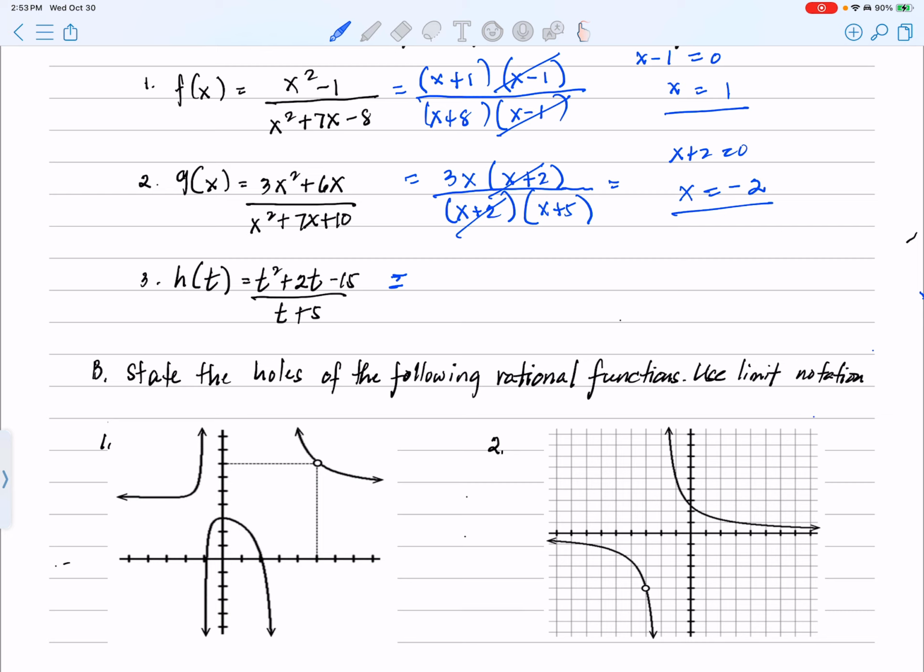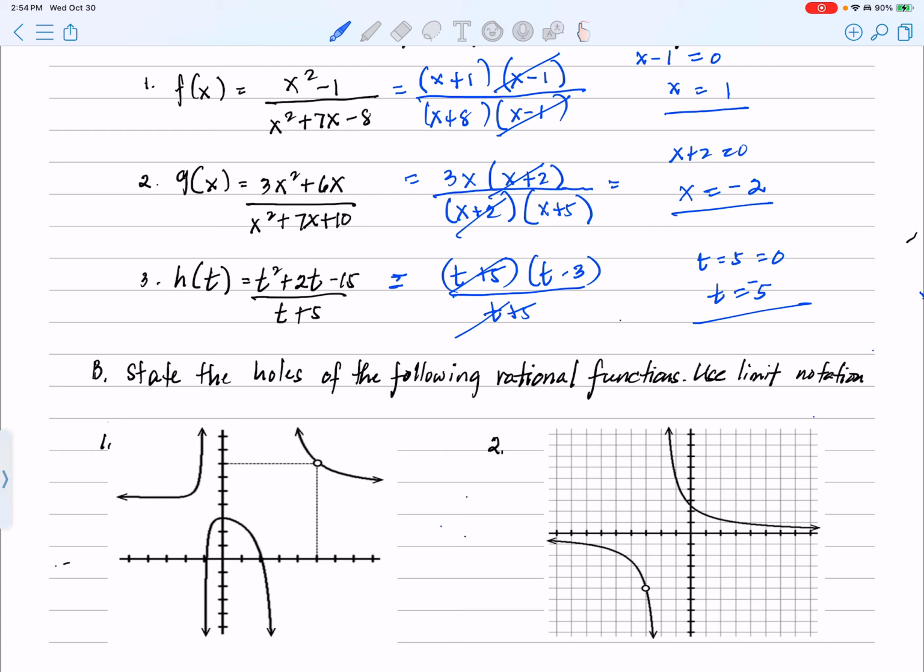So this will be t plus 5 and t minus 3 over t plus 5. So we can cancel out the factor. To find the hole, equate that to 0. t is equal to negative 5. That's the hole.